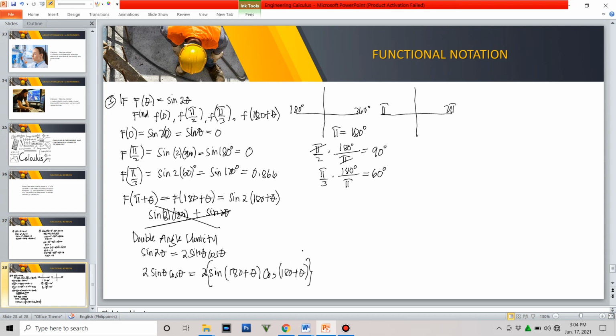Okay. So from this, we can now use some identity. So for the sum identity, if we have sine of the sum of a certain angle, say x plus y, this will just be equal to sine x cosine y plus sine y cosine of x.